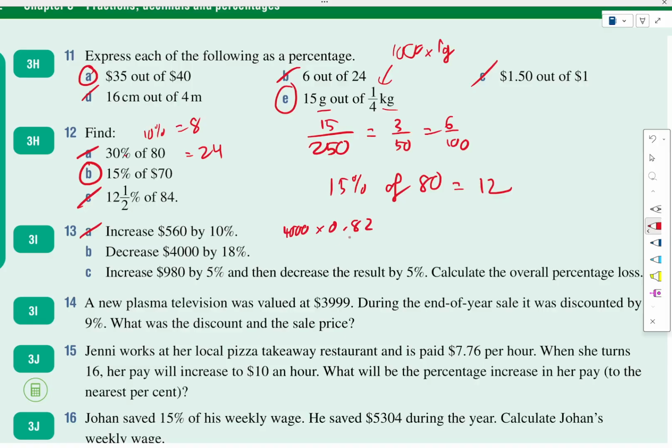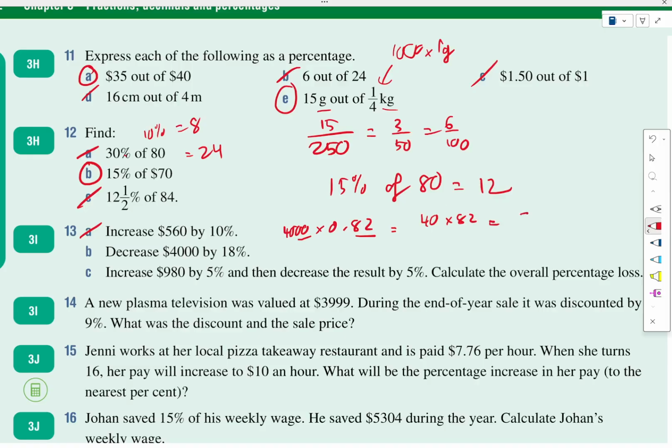So there are two decimal places here. So you can chop off the two zeros and write the equivalent, which is this. Which means the answer will be 3,280 basically.